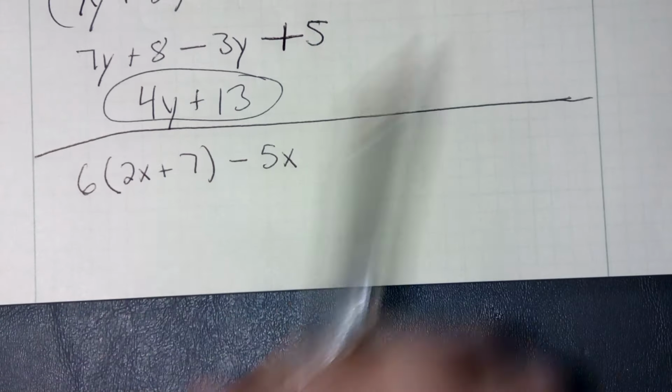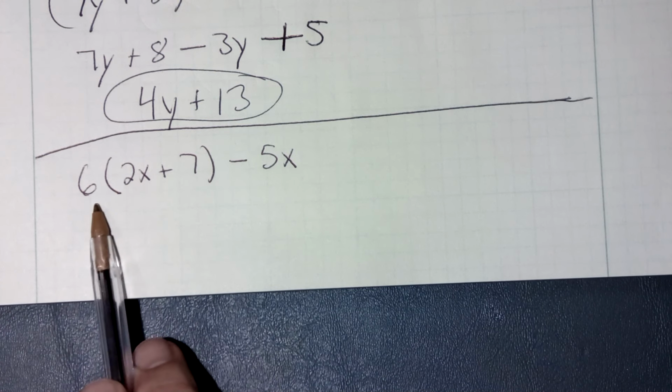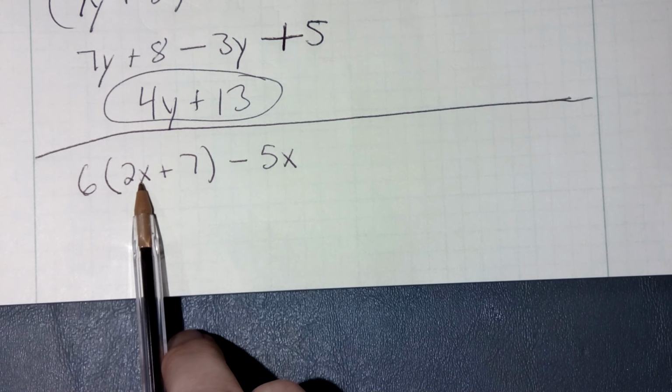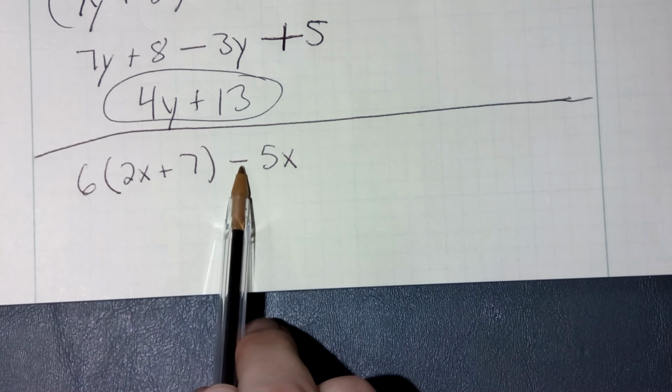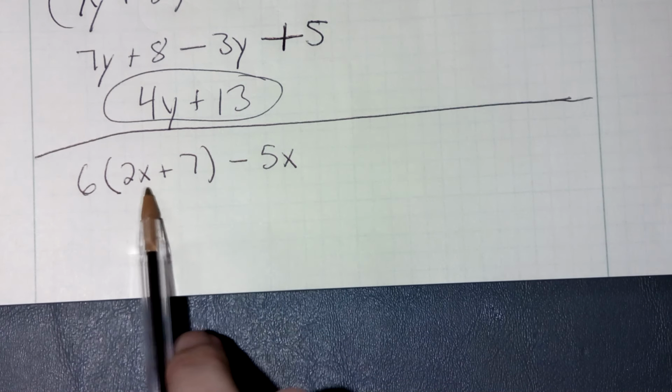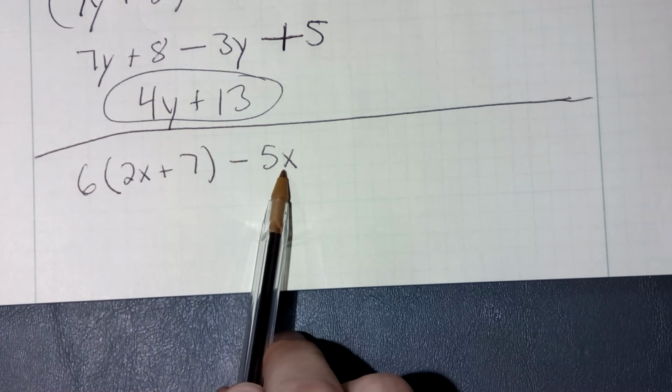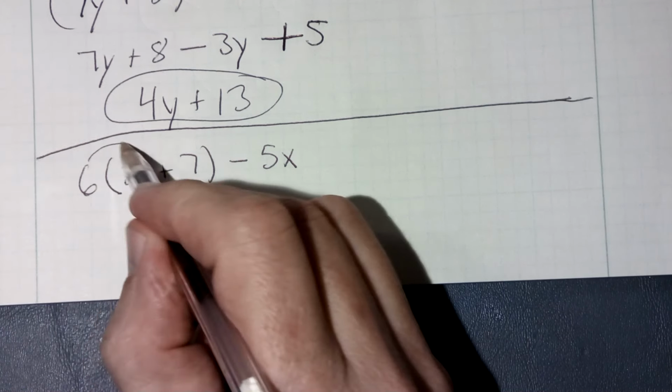They might also have you use the distributive property before you add the linear terms. So in other words, don't add 2x to a negative 5x and think it's negative 3x, because we need to multiply. We need to distribute in first.